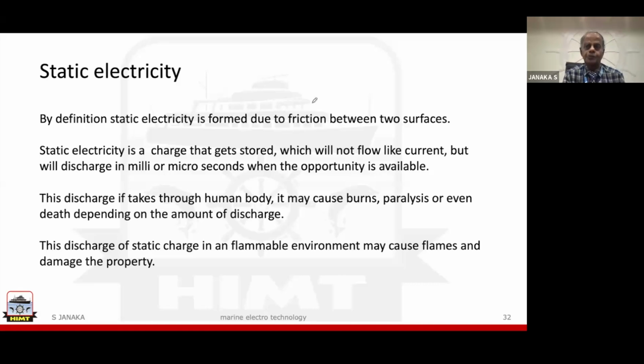If vapors are present within the flammable limits, what we call a flammable environment, flames may be created, which may become dangerous and engulf a larger area, and on board the ship it is very difficult to control. So in hazardous areas or zones, we avoid equipment which may create static charges, or well before the work is started, we ground all the probable equipment which may have this static charge.